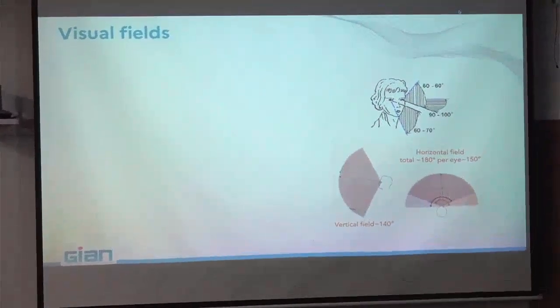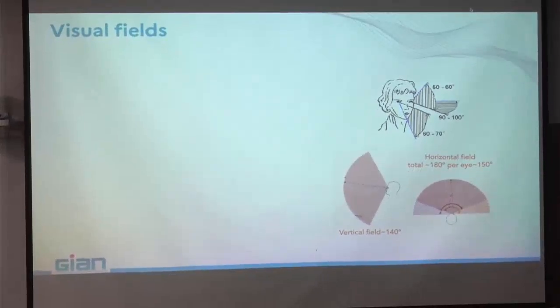Horizontally, an adult with a correct visual field can see almost 180 degrees. Here, if I don't move my eyes, I move my hands. Here I don't see anymore, that is my field here. Here I don't see that, my field is here. You see almost 180 degrees.